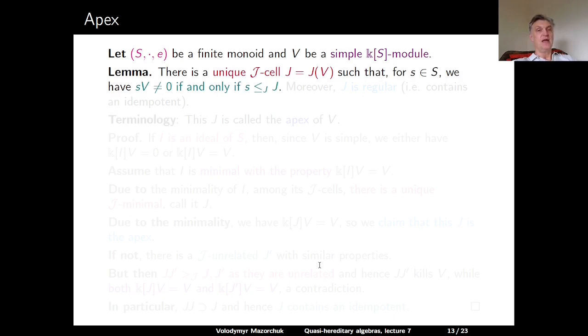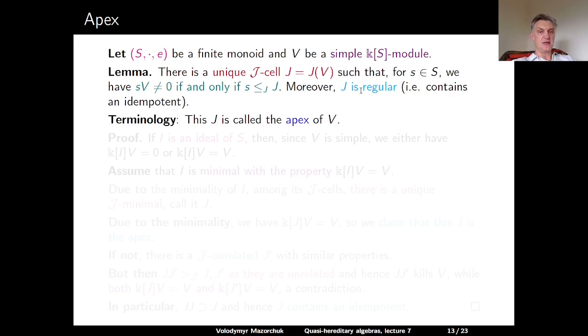Lemma: there is a unique two-sided cell J, of course it depends on V, such that for any element s in S, the fact that s does not annihilate V is equivalent to the fact that s is two-sided less than or equal to our cell J. Moreover, this cell J is regular, which means it contains an idempotent. So this J cell is called the apex of our module V.